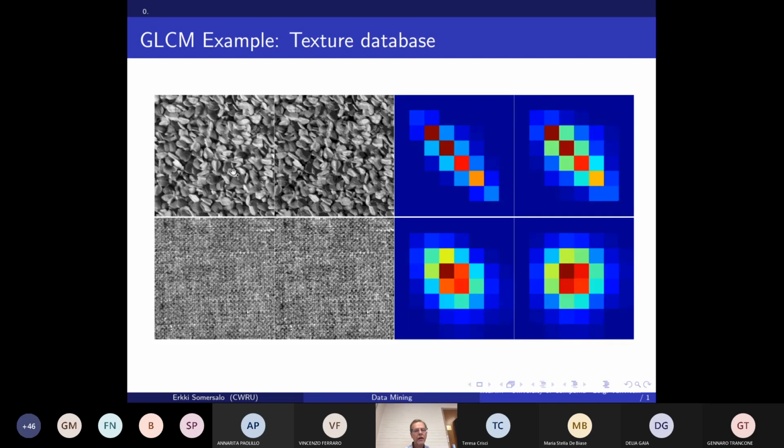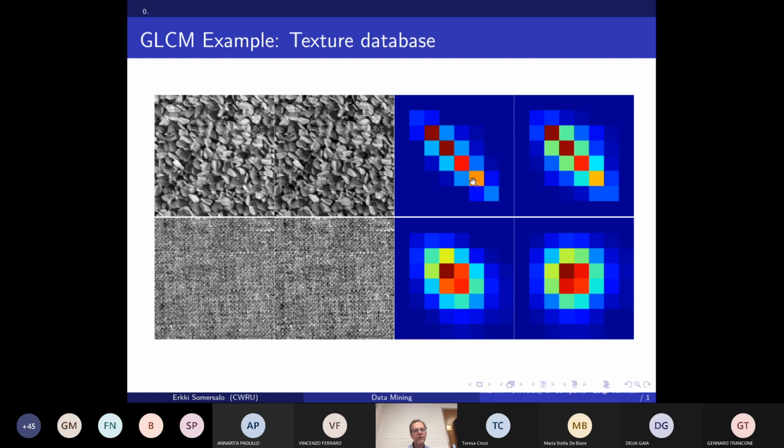So here is the lentil case. These are images of lentils. And you see that the two co-occurrence matrices are sort of diagonally weighted. That means that there is structure in my images which is at least typically 5 pixels in offset. So moving only 5 pixels off from the original pixel, you are likely to find a very similar grayscale.